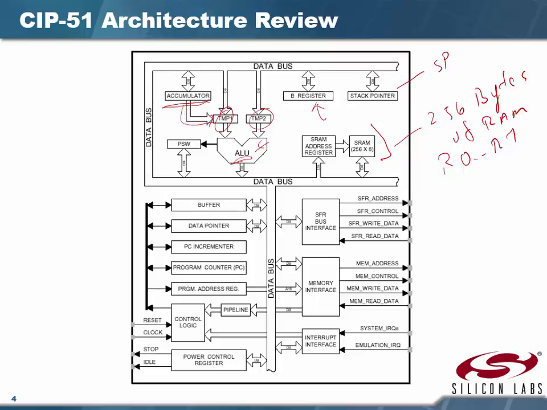A common instruction might be add A, R0. What that's going to do is, A at the end of that is going to be equal to whatever was in A plus R0. So usually the result of any addition or whatever is going to be stored back into the accumulator. Doesn't have to be, but usually.